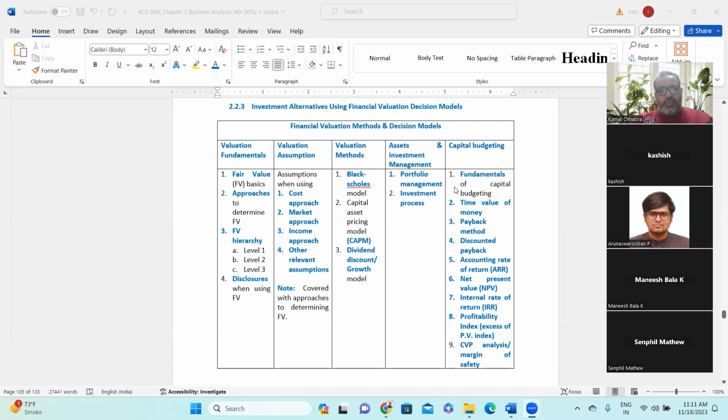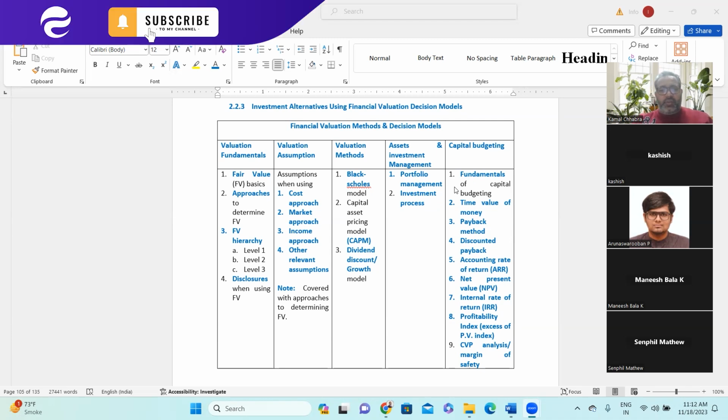Last time we studied investment alternative using financial valuation decision model. In that we understood financial valuation methods as well as decision models, which include valuation fundamentals, valuation assumptions, valuation methods, assets and investment management, and capital budgeting technique.